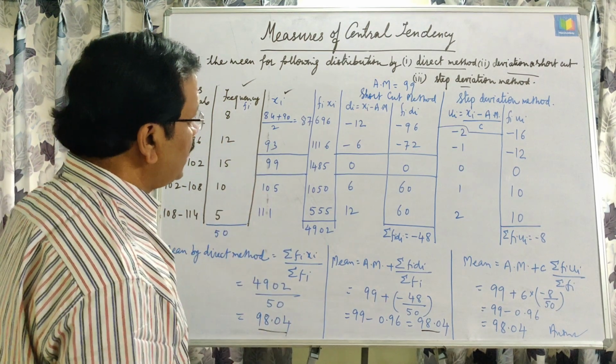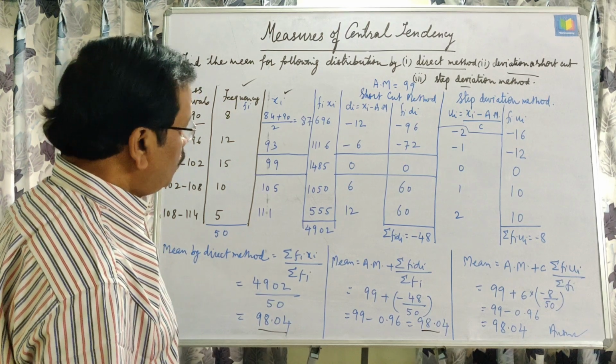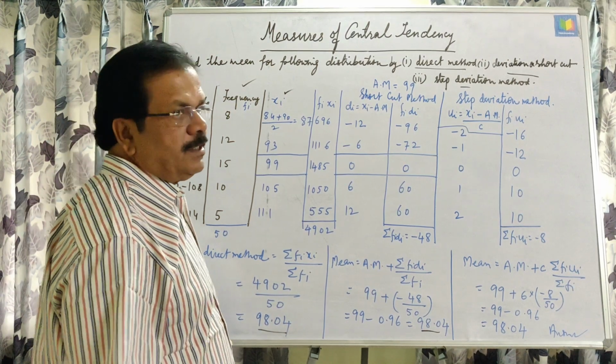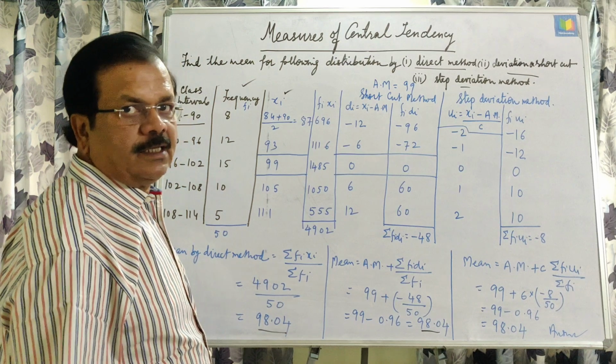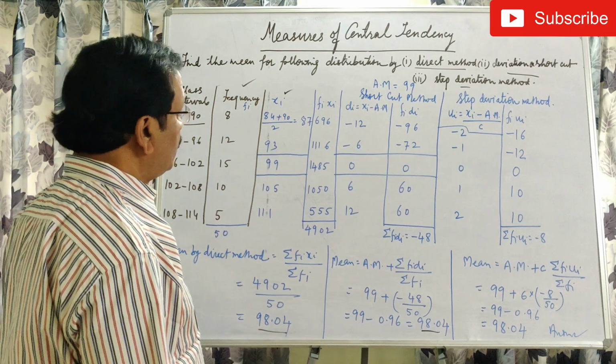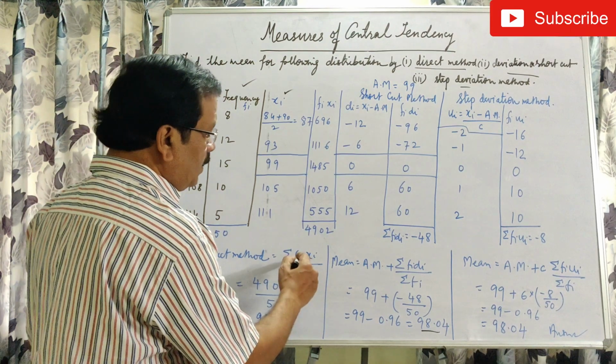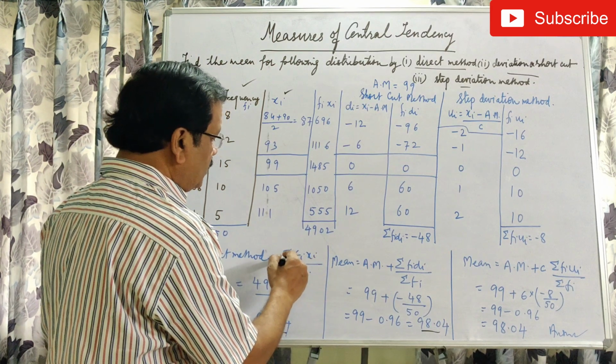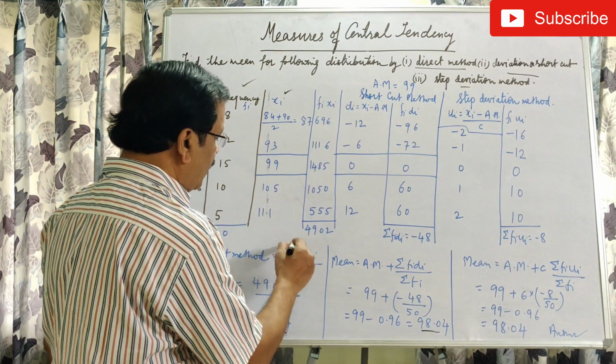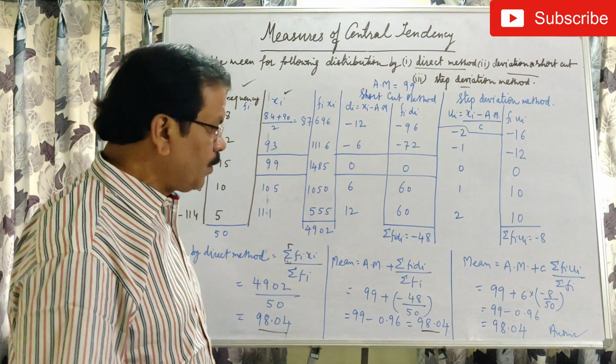You should make this a habit so that you will benefit in higher classes whenever you use this type of formula. Summation of Fi xi, i equal to 1 to 5. If you are not writing it, that is also okay.